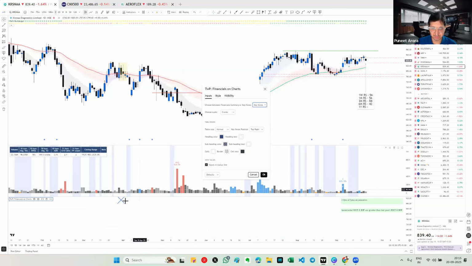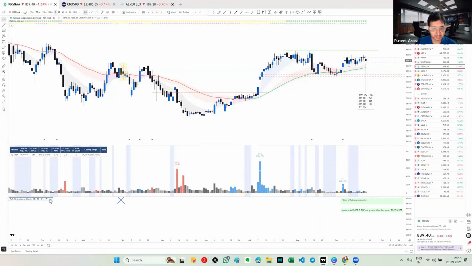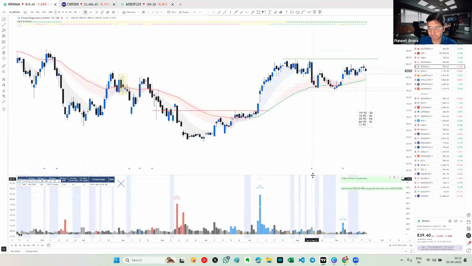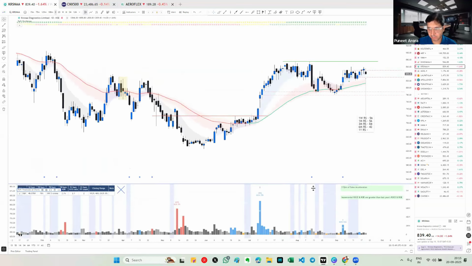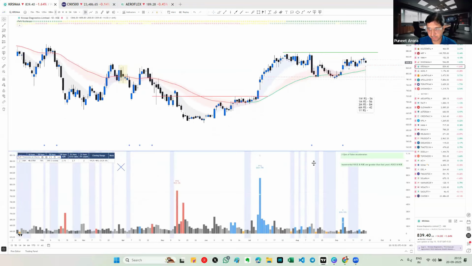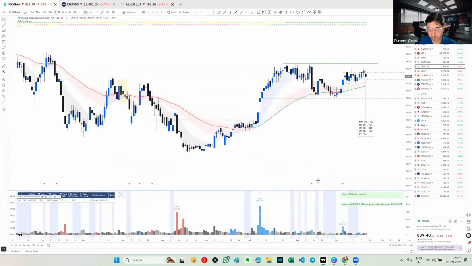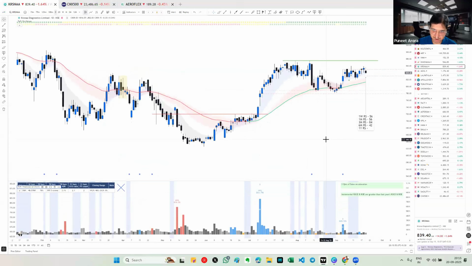Then I click on these three dots and move the indicator to the existing pane above. So it will come here. You can drag this panel up and down the way you want to adjust. I use the TradingView app.